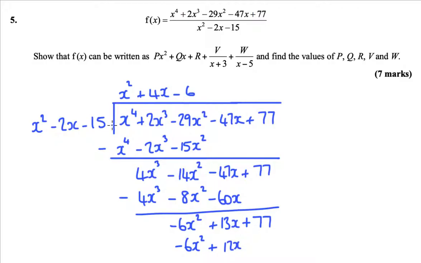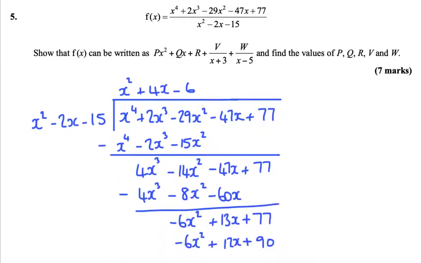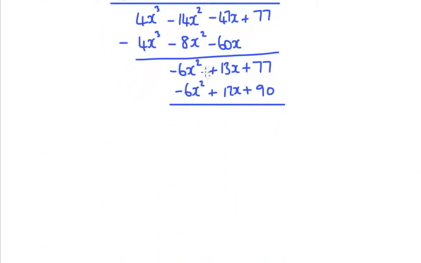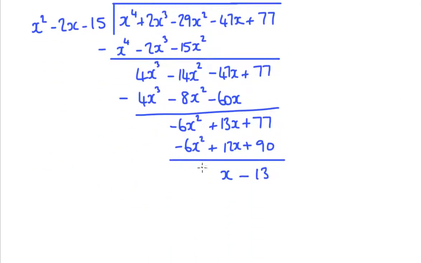And minus 6 times minus 15 is positive 90. Subtract that. And we have an x and a minus 13. Because that power here is now lower than this power, we're finished.